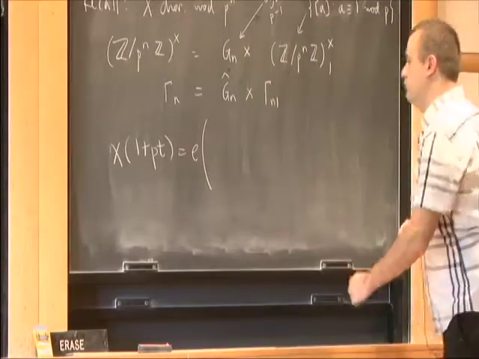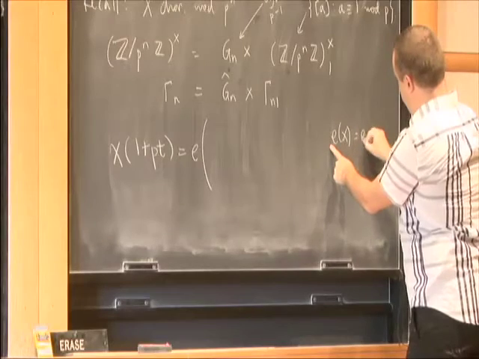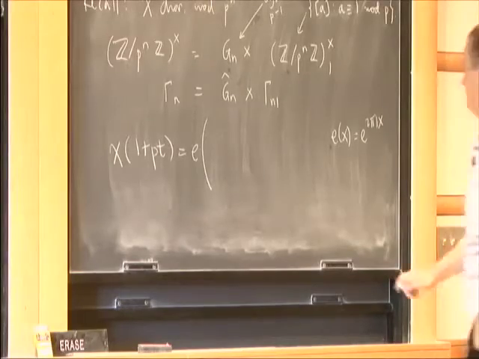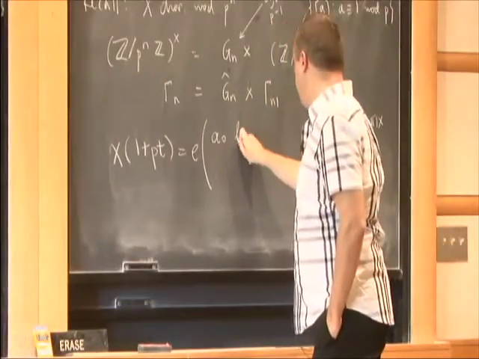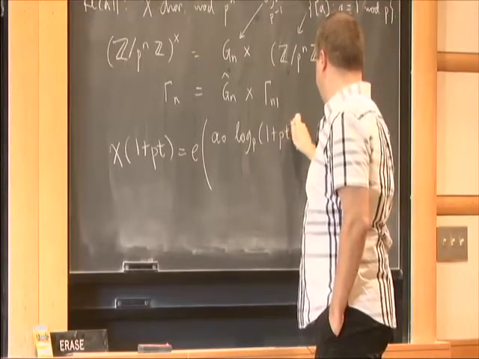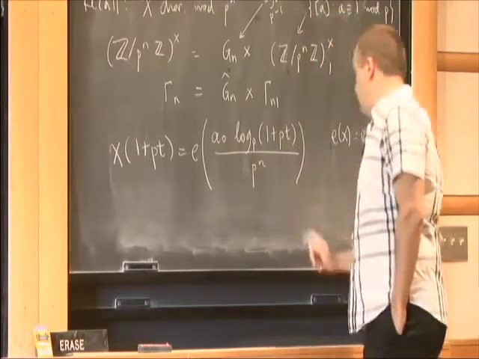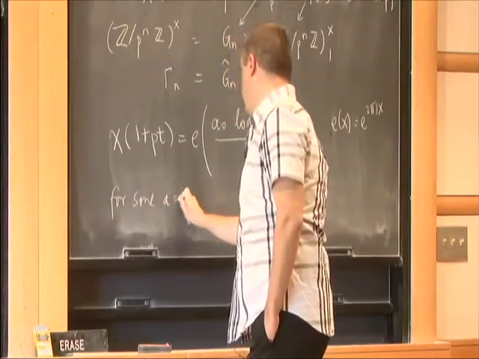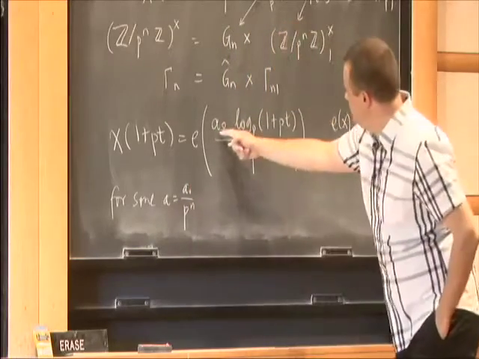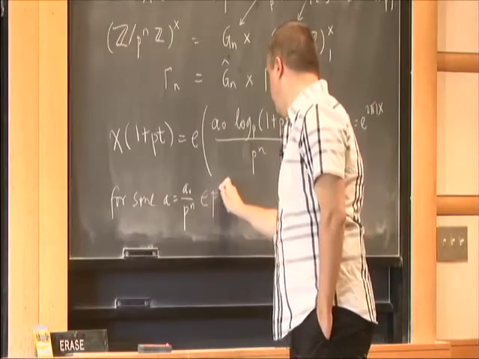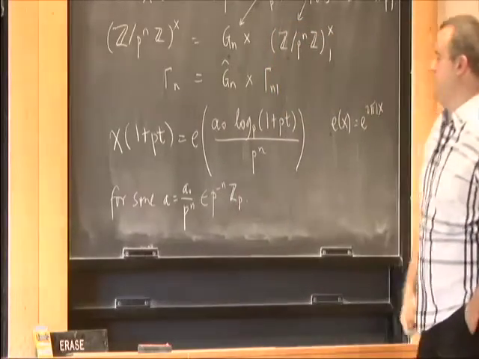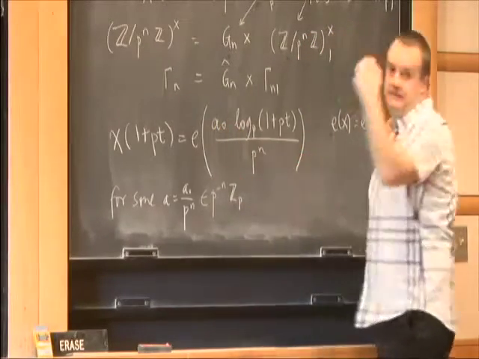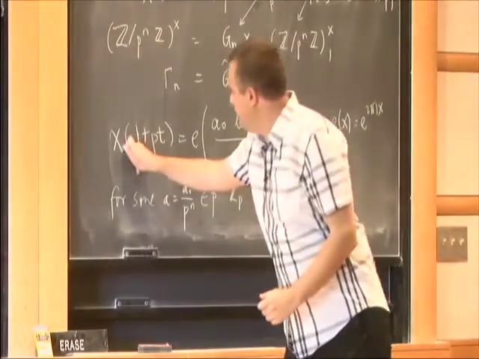It's going to be e of, where this is the standard analytic notation, e to 2 pi i x, a complex exponential of a0 times the p-adic logarithm of 1 plus pt divided by p^n, where this constant a0 over p^n belongs to p^(-n) Z_p. So it's a p-adic integer times p^(-n). I'm going to call this character chi_a.